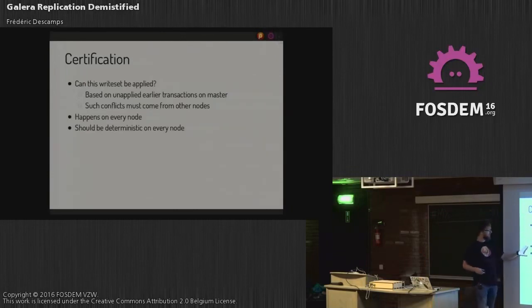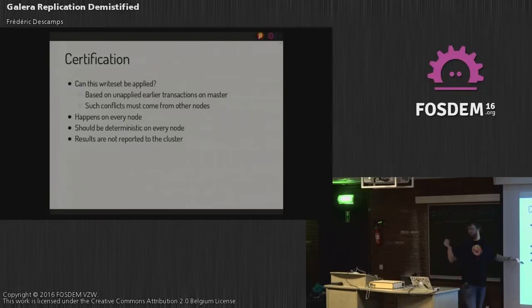Certification will happen on every node, and is deterministic on every node. Here, the results are not reported to the cluster. I don't know if Thiago is here. Before you said, we write and we wait until they get it before we can commit. There is no communication system.